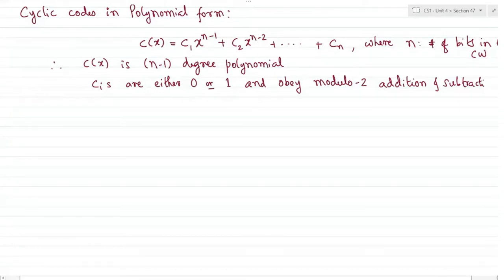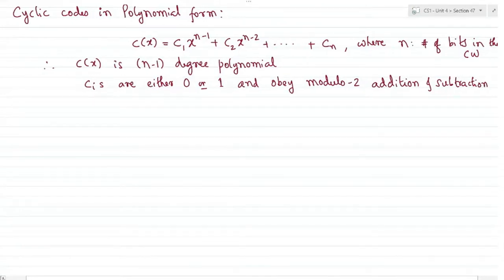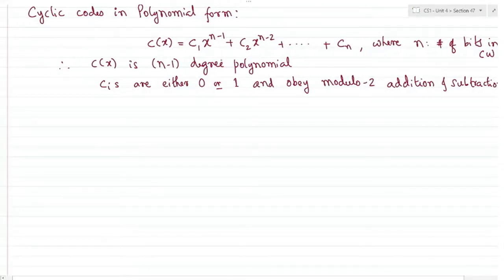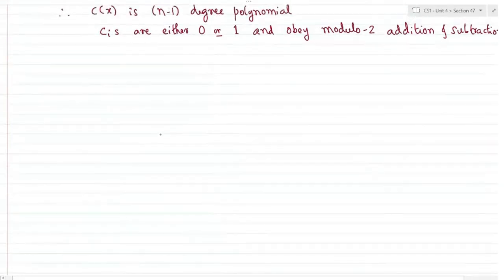There would be multiplications as well, as I am multiplying C1 to Cn with some variable x. So even the multiplication of binary digits will obey the similar law, where 0 times 0 is 0, and unless both bits are 1, the product would be 1. It's a simple basic mathematical rule. But the addition and subtraction will obey your modulo 2 rule.